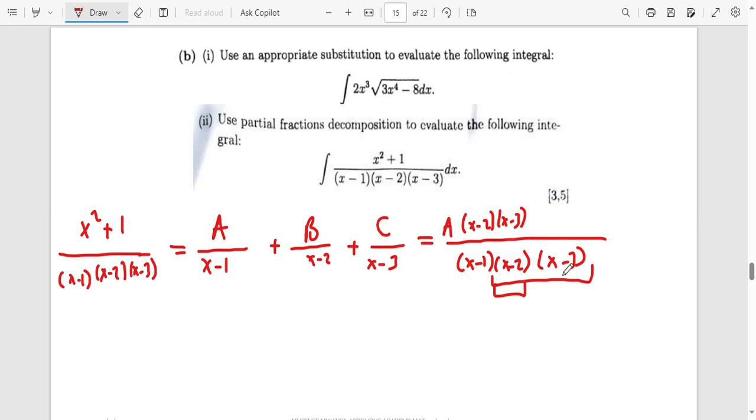So remain with x minus 1 and x minus 3, and that you multiply by B. So we're going to have B, x minus 1, x minus 3. And then if you take x minus 3 into the denominator, you're going to remain with x minus 1, x minus 2. That you multiply by C. That will be C, x minus 1, x minus 2.